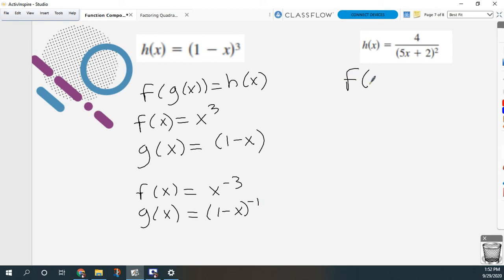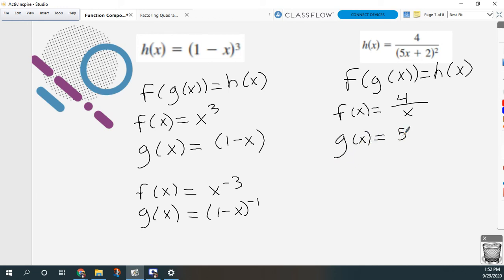So again, looking for two functions that when I compose them, I end up with h of x. So we can take f of x, let that be 4 minus x, and then g of x would be 5x plus 2 quantity squared.